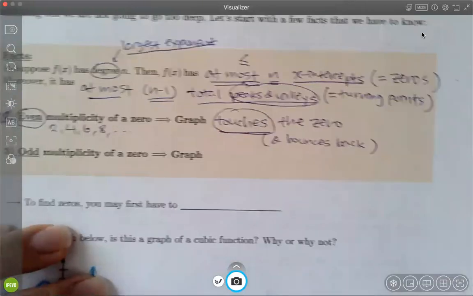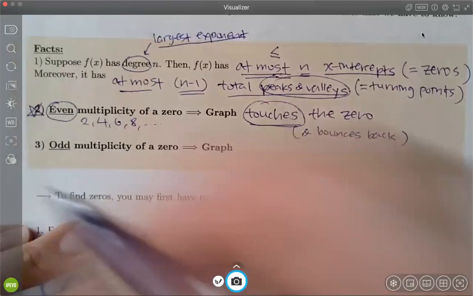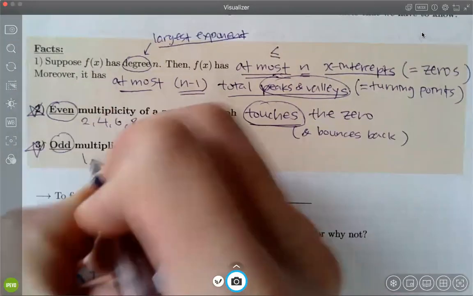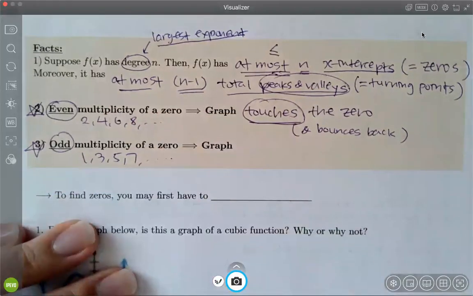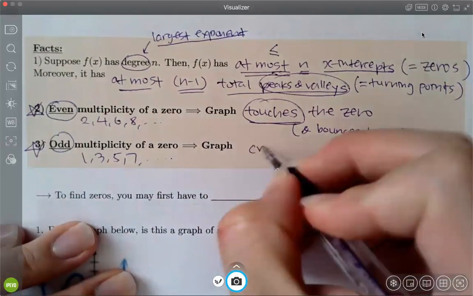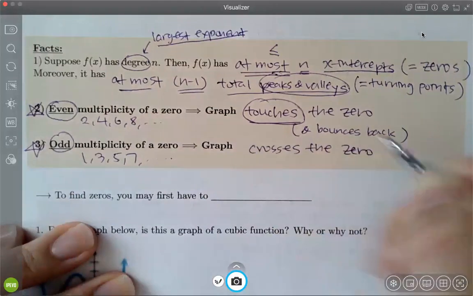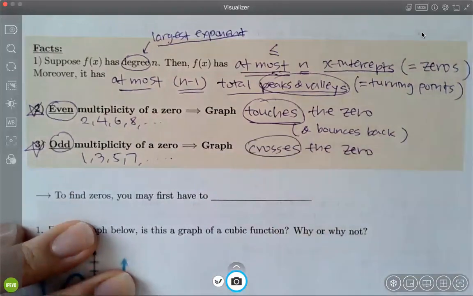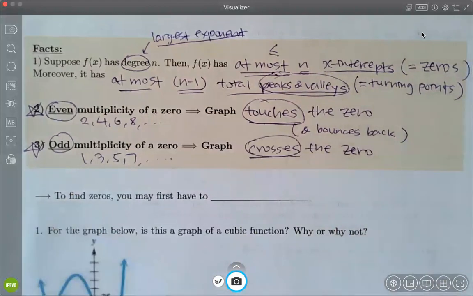Now, what if the multiplicity is odd? So that means we have 1, 3, 5, 7, and so on. And if that's the multiplicity of a zero, the graph will cross. Okay. So basically, even multiplicity means the graph touches the zero. If it's odd, then the graph crosses.